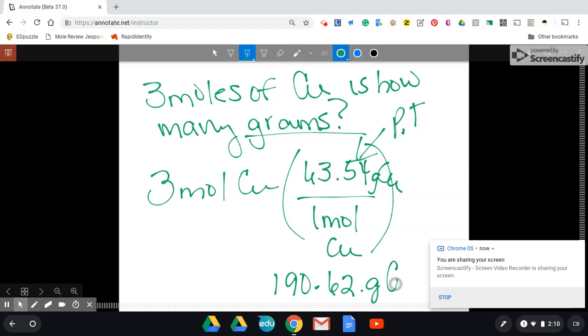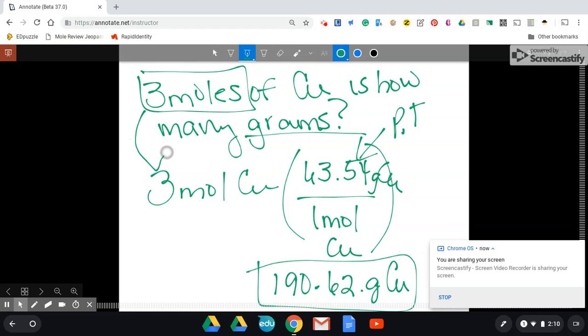And that's my grams of copper. So put in what you know. This is what you know. That is always what I start with. What you know is going to be given to you. All right, I hope this has helped. That's given you 3 examples. I'll put up some practice problems so you can try it on your own.